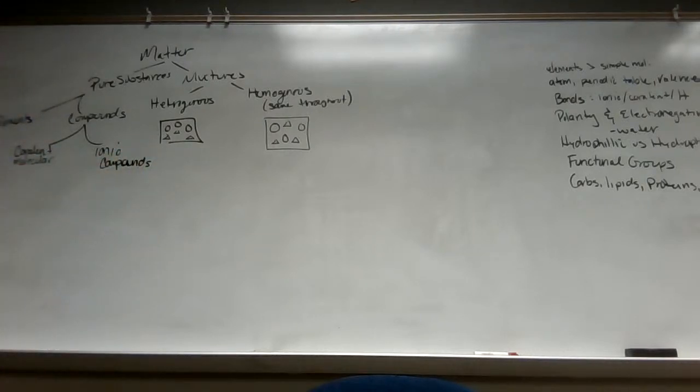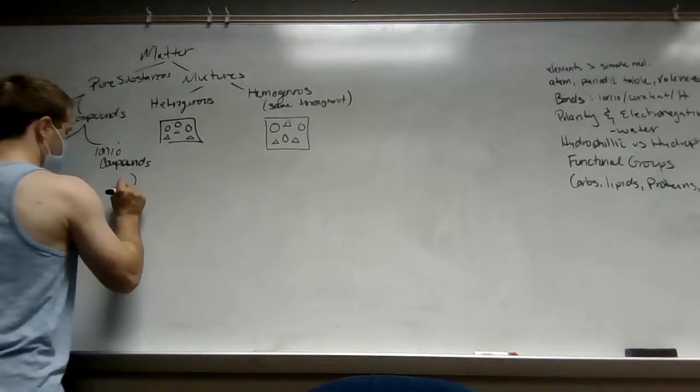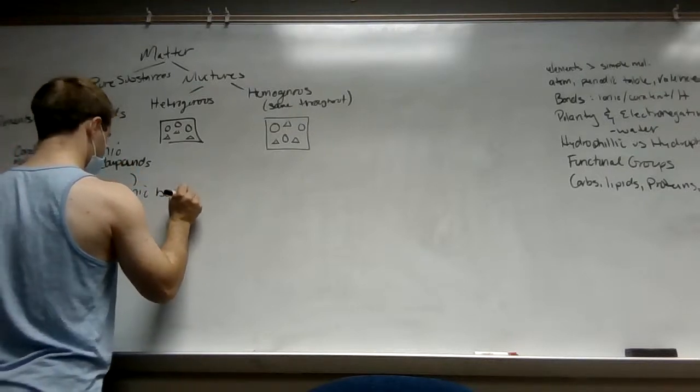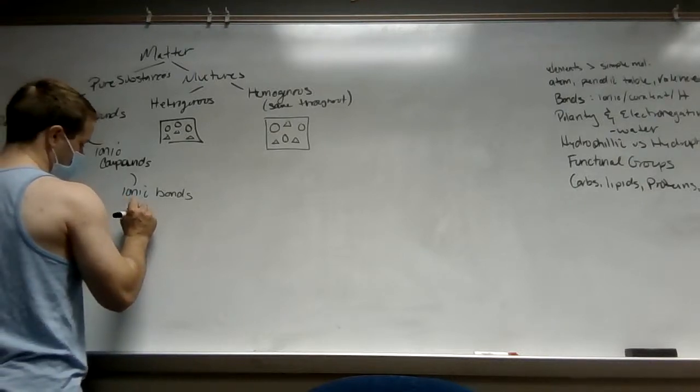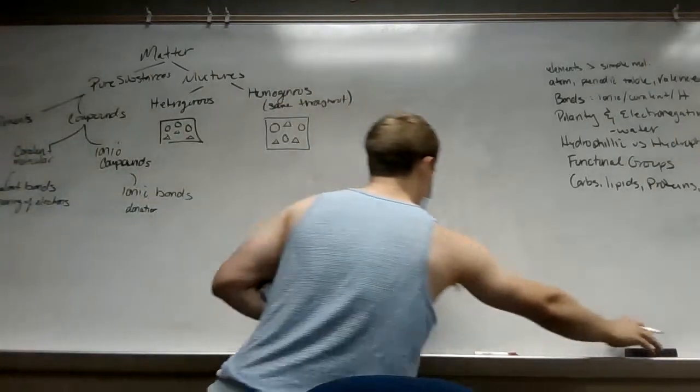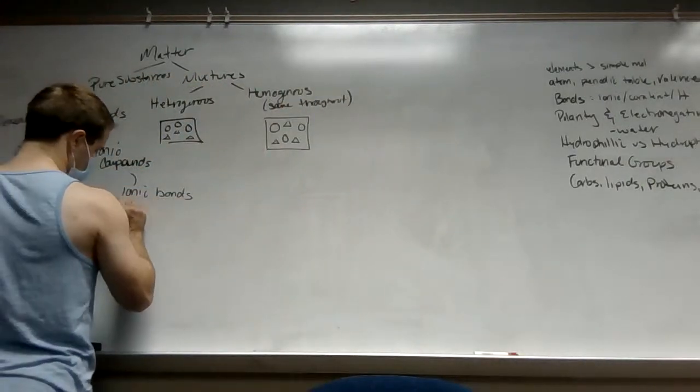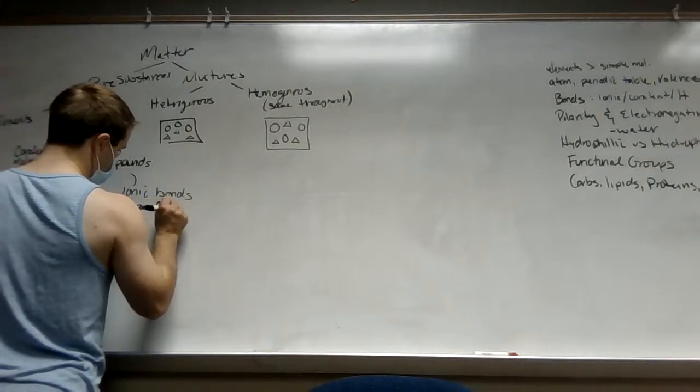Your covalent compounds are formed with covalent bonds. That means the sharing of electrons. Whereas your ionic compounds are formed by ionic bonds, and that involves the donation, the transfer of electrons.